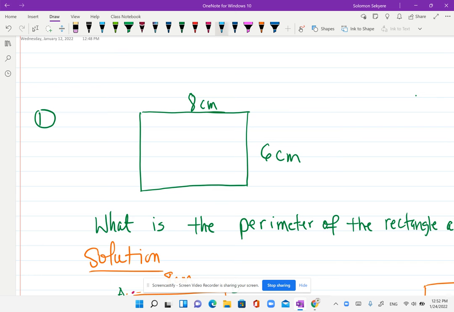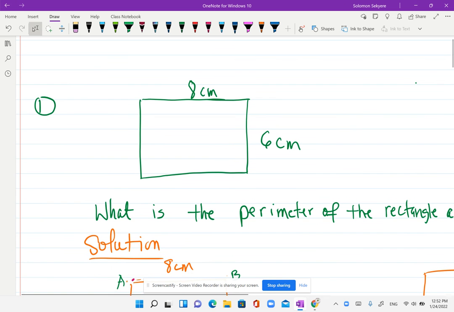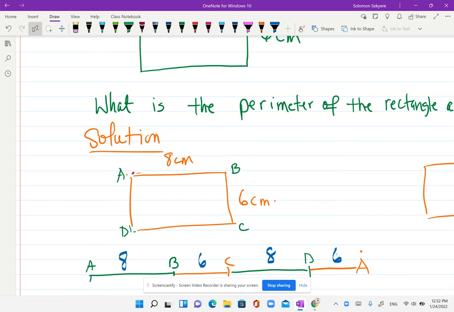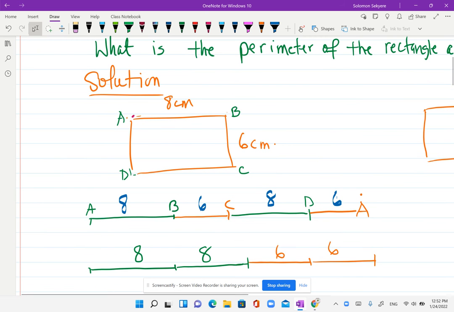Like I have this rectangle here and it measures 8 centimeters by 6 centimeters. What is perimeter? Let's redraw our rectangle here and label it A, B, C, D. Perimeter is the distance around it, the length of the boundary.